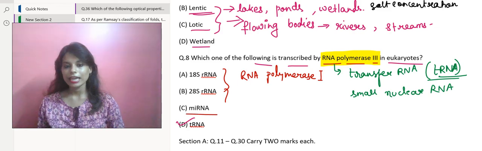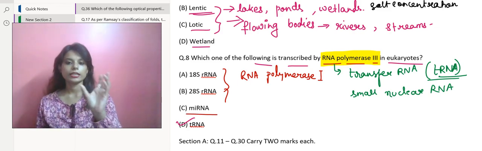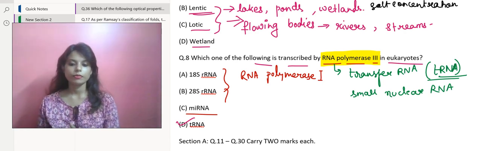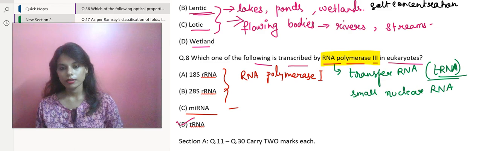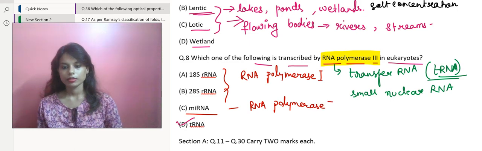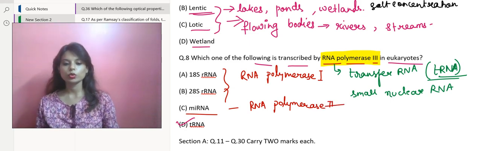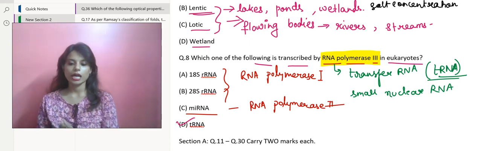Now talking about the miRNA. miRNA, or the microRNA, is transcribed by RNA polymerase 2, or the second. Now this is responsible for transcribing the protein coding genes as well as some non-coding RNAs.